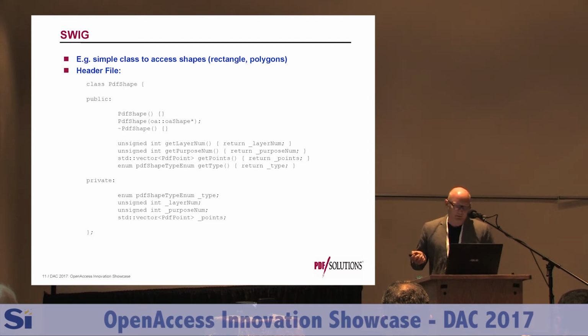And internally, on the C++ side, I convert my OpenAccess shape into something I store in a layer num, a purpose num, and some points, which is, again, my own class. So I'm putting a layer on top of OpenAccess, which means, of course, that I store all the data twice.